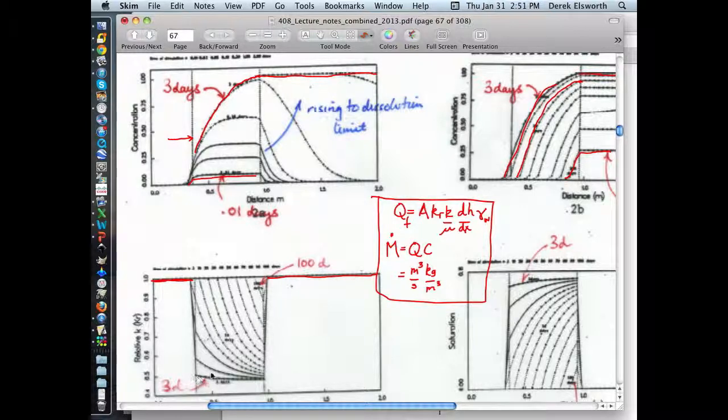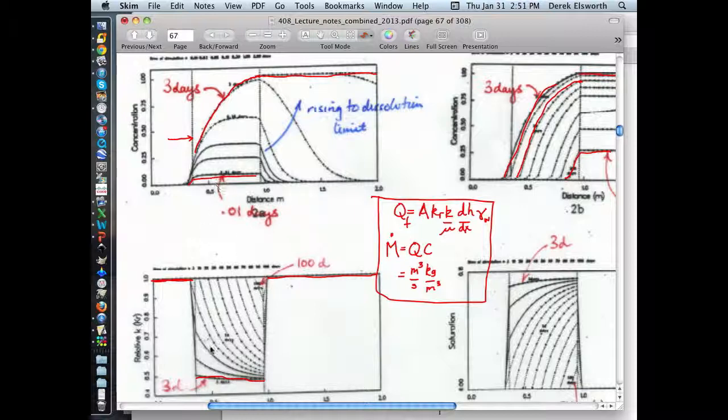But as you start removing the material from this, it starts off at some uniform relative permeability. So this is 1, 0.9, 0.8, 0.7, 0.6, 0.5, 0.3. So it starts off at some magnitude after 3 days because part of the pore space is occluded.